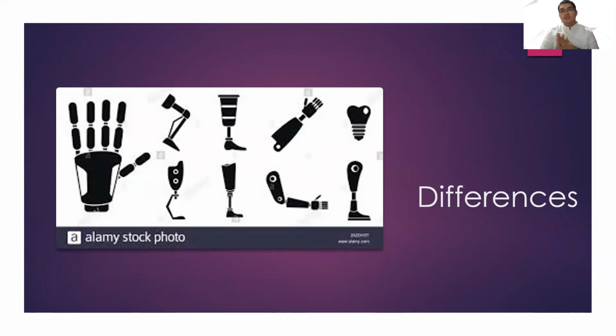We have a lot of materials to create this type of prosthetics, but I mentioned 5 in specific because these 5 are the most common. We have titanium, iron, plastic, carbon fiber, and PLA.